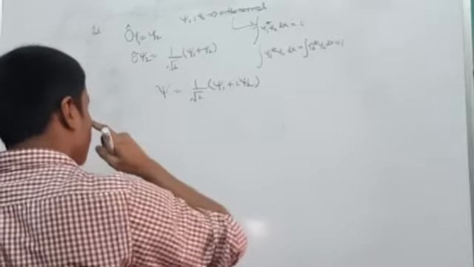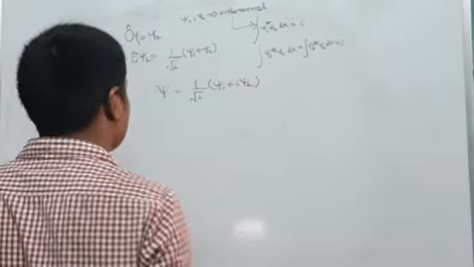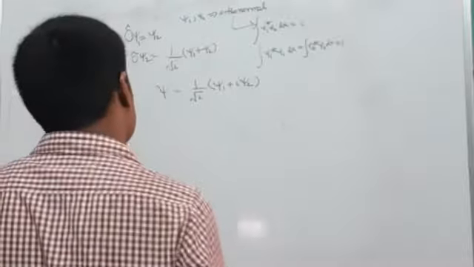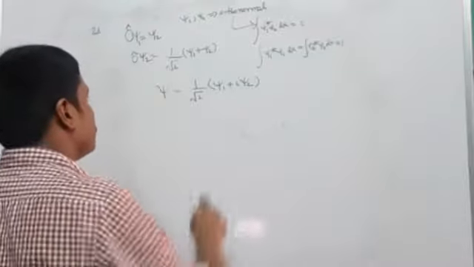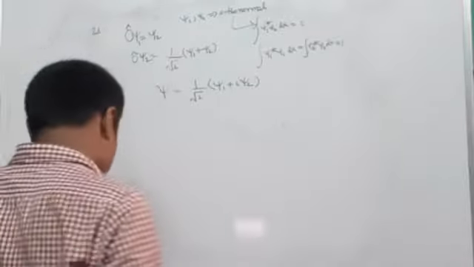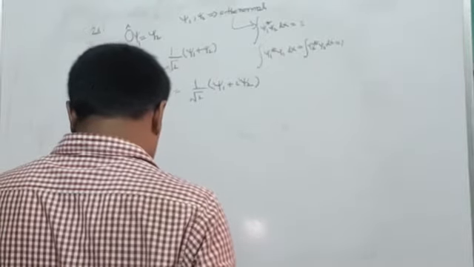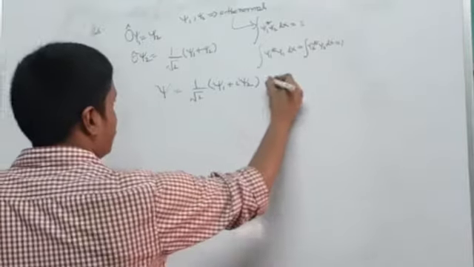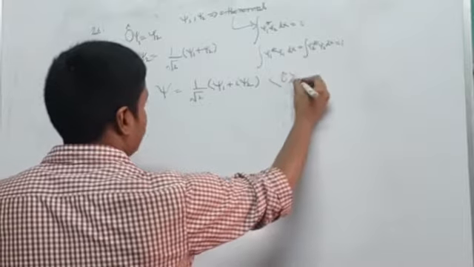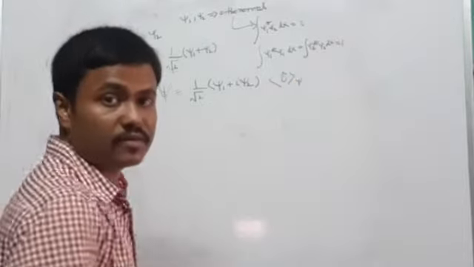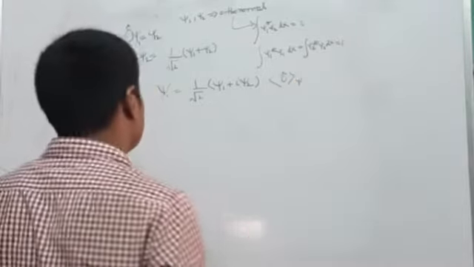So there is a phase factor of e raised to minus i pi by 2, and that comes here as i. This is the superposed state of the system. And we are asked to find the expectation value of O in psi.